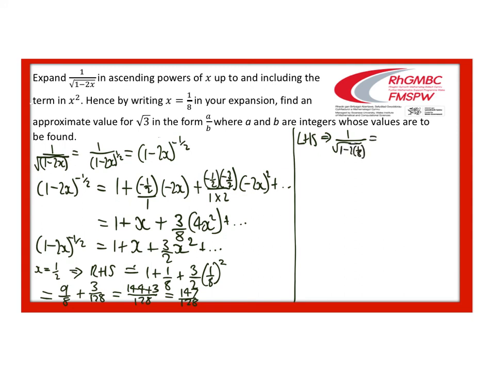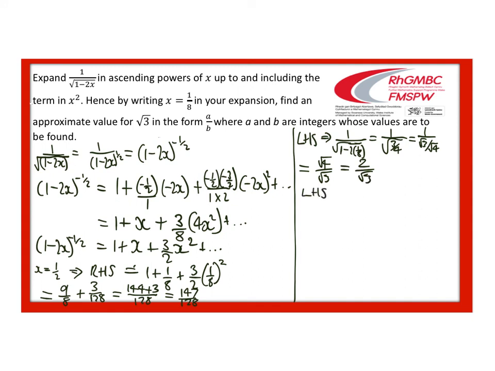Well, 2 times an eighth is a quarter, so 1 minus a quarter is 3/4, and I get 1 over the square root of 3/4. Or we can have 1 over square root of 3 over the square root of 4. Now, because we've got 1 over that, I can flip the fraction and write this as root 4 over root 3. It's really important you're able to manipulate your fractions easily and confidently. Square root of 4, of course, is 2, so I get 2 over root 3.